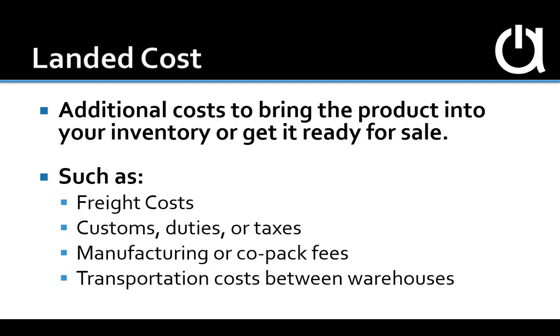Those fees incurred in that process can be allocated directly to the products on one or multiple assembly sessions within Acctivate. And when you have multiple warehouses that are not physically close to one another and you need to move product from one facility to another, that cost of transportation can be allocated to the products being moved. So the gas for the truck or the wage of the courier, for instance, those would be transportation costs.